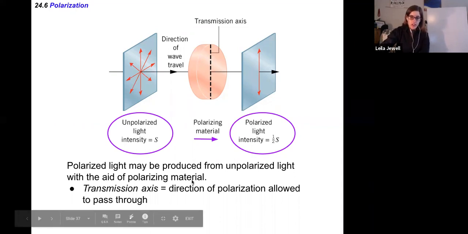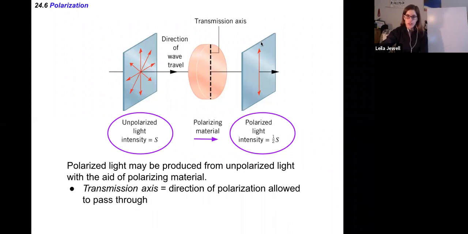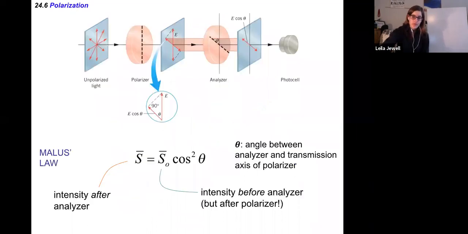A key detail here is the transmission axis. That's the direction of polarization allowed to pass through. So if you have a vertical transmission axis, then you allow the vertical components of the electric field to pass through. This is how we can initially polarize the light, but then we get interesting effects if we add a second polarizing material. The second polarizing material we would call an analyzer, and that's always at some angle relative to the polarized light, and that angle is theta.